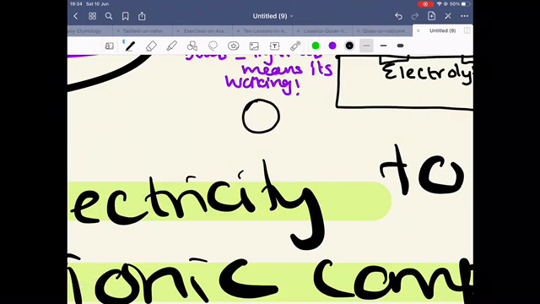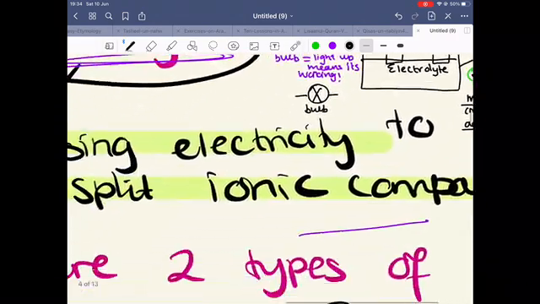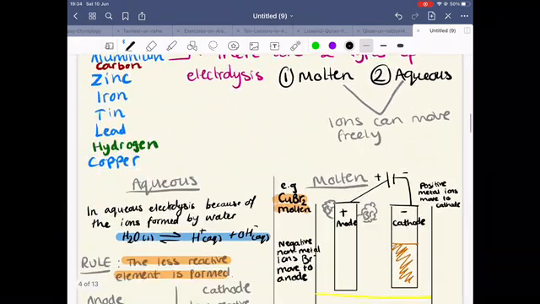So the bulb, we draw like this across, and you can add that to your diagram as well, just to show that this is how we did it in class. So this is a simple diagram of electrolysis which you need to know.